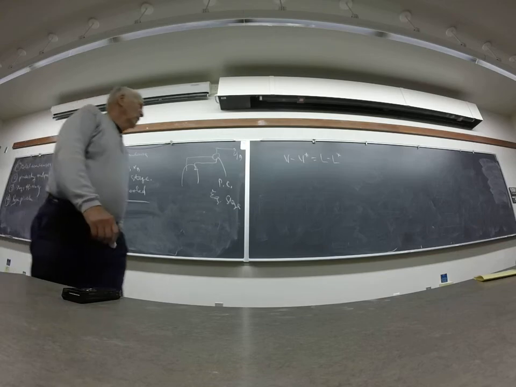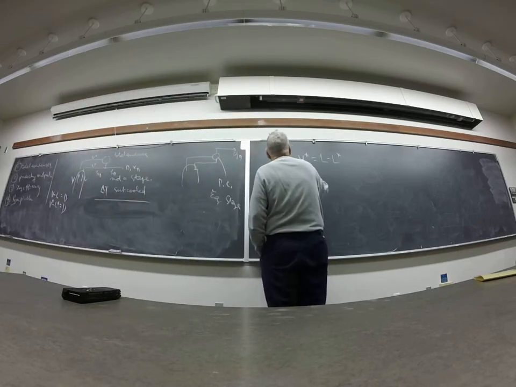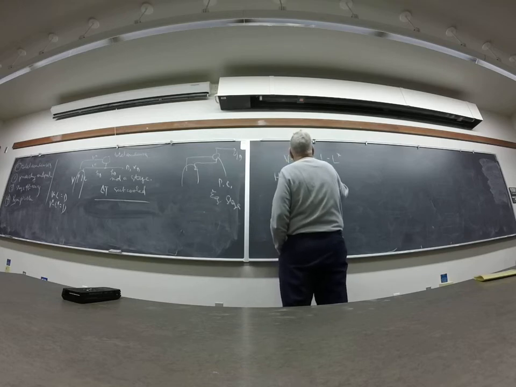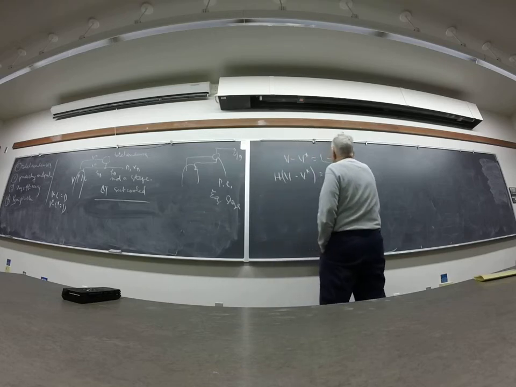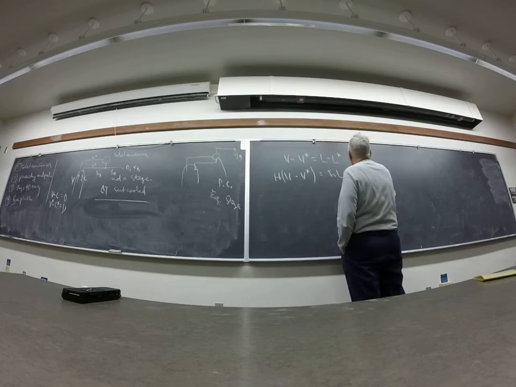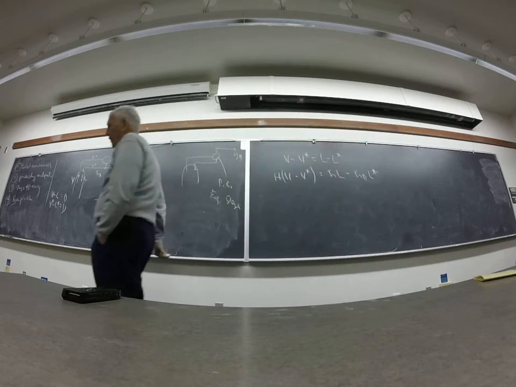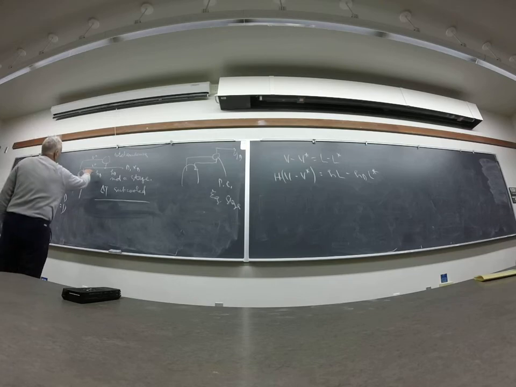So V minus V star is L minus L star, so we might say something like H times V minus V star is HL minus HD times L star. These are the saturated liquid enthalpies in the column. This is subcooled.